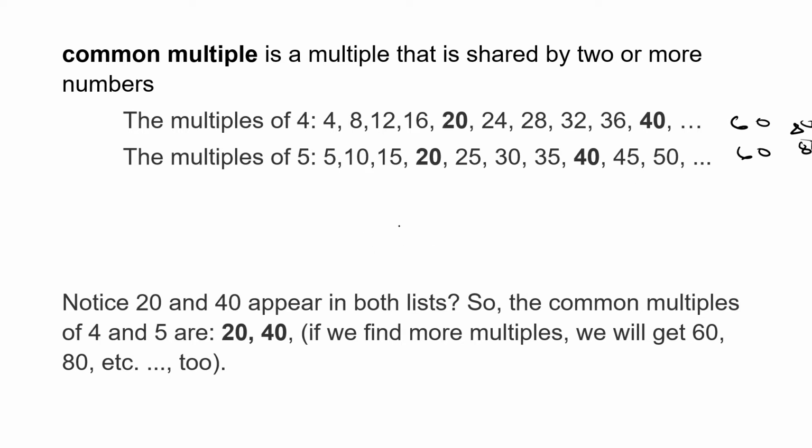And as you can see, can we ever find the biggest common multiple? Can we find the GCM, if there's such a thing? No, because there are infinitely many multiples of 4 and infinitely many multiples of 5, so you can have infinitely many common multiples.